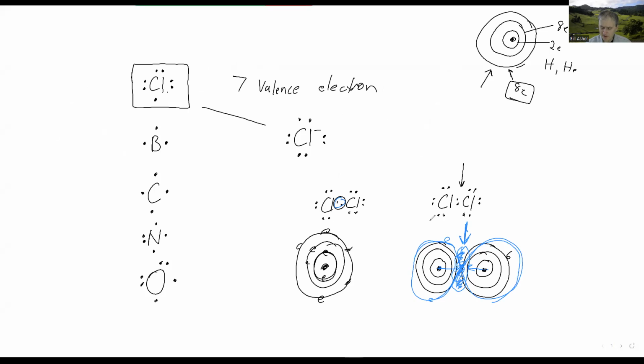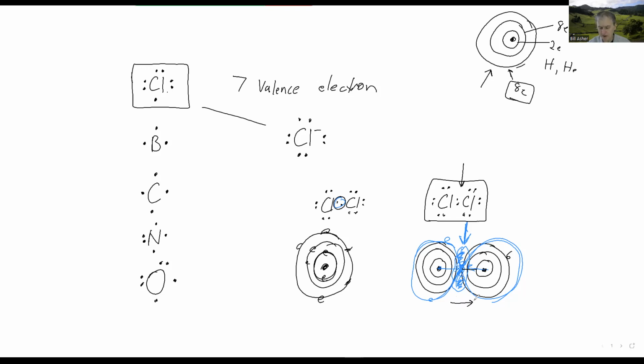If the two atoms are the same, like here we've got 2 chlorine atoms, the two atoms will share those electrons equally. But if one of these atoms has a greater affinity for the electron than the other, then the electron will spend more time around one atom than the other.